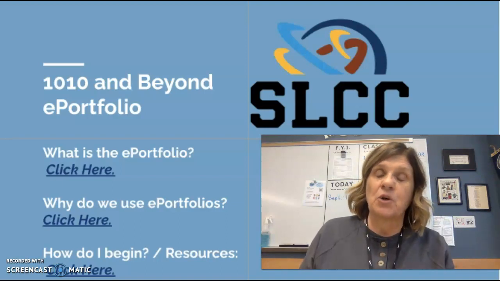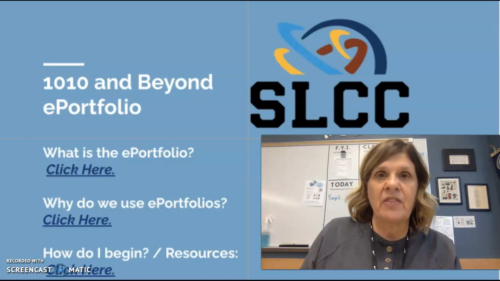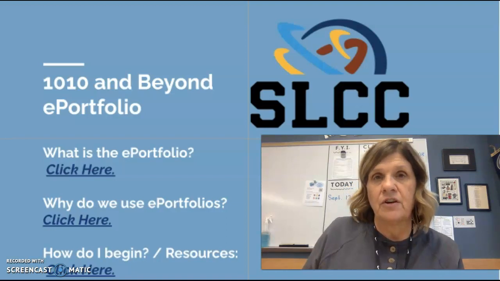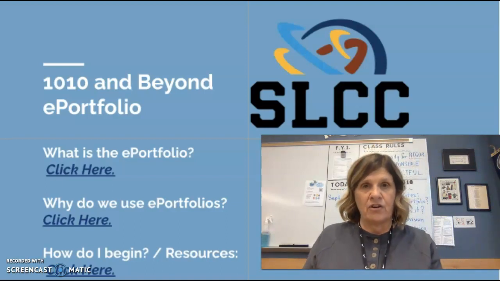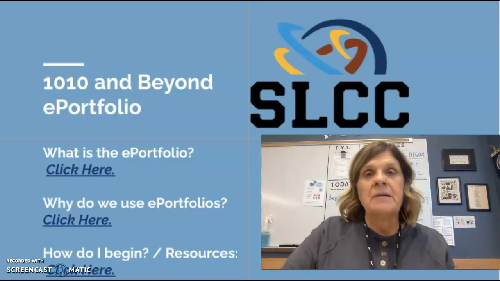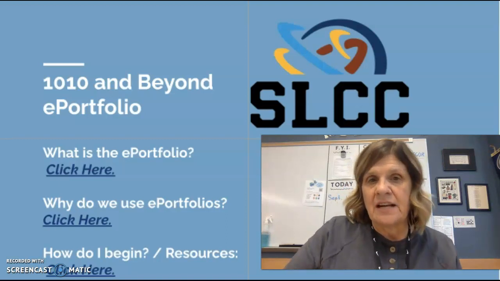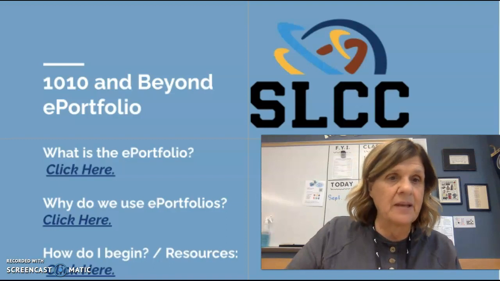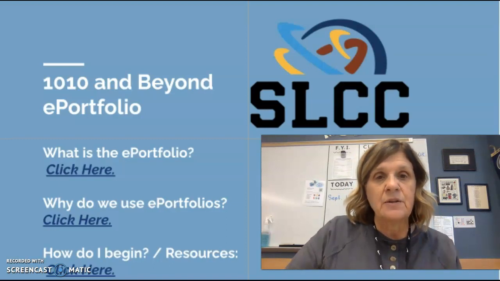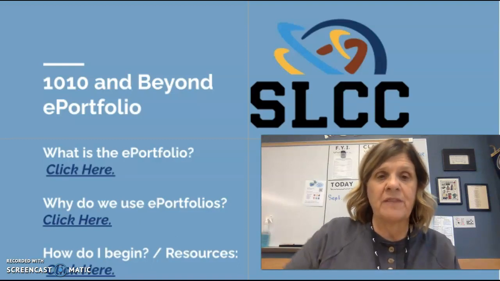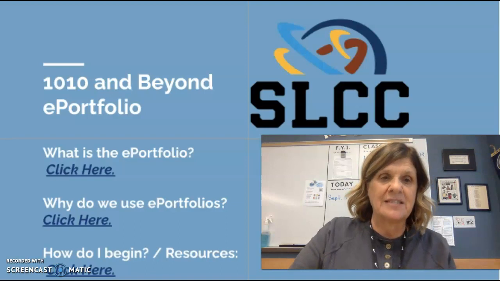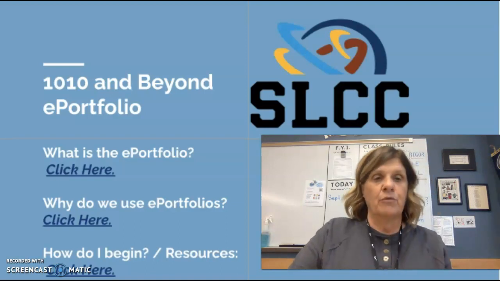The second one is a goals and outcome page, and then your courses that you've taken, and in that one, that's where English 1010 will fit under the courses page, and then outside the classroom, and finally a resume page. So that's ePortfolio. Set up your account by following again, watch all 3 of them, but the last one will teach you how to set up your account through Digication.